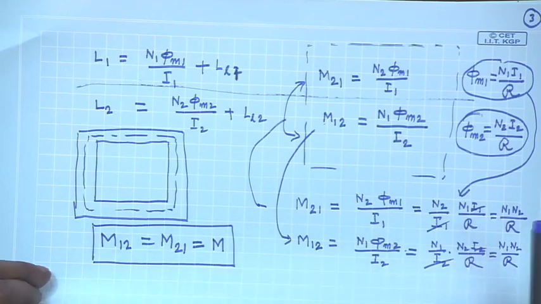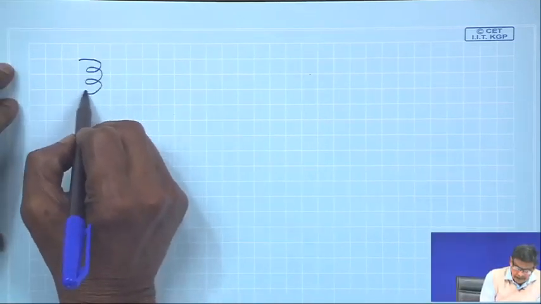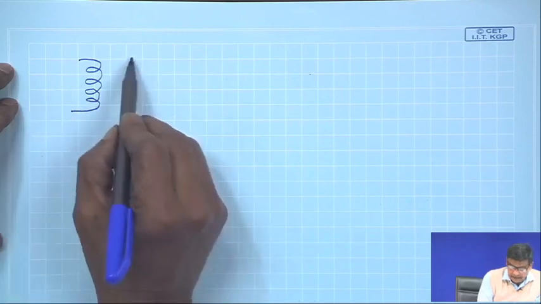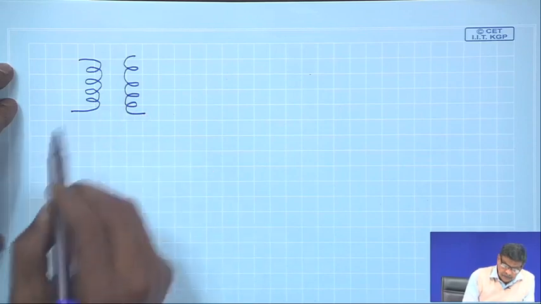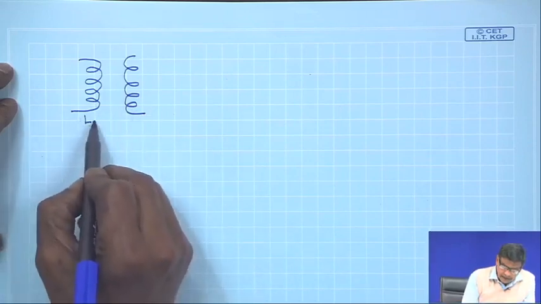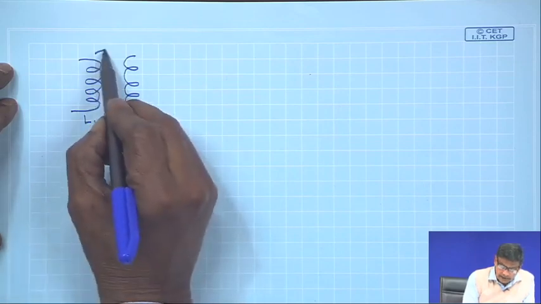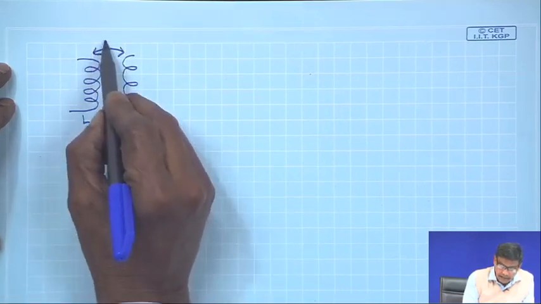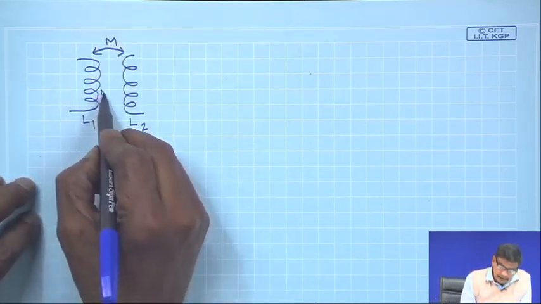Now, what happens is this, we will draw the circuit in a much simpler way. There are 2 coils, I will not draw the magnetic circuit. I will draw 2 coils having self inductances L1 and L2, and mutual inductance between them is M. This is how these 2 coils can be depicted, N1 and N2.